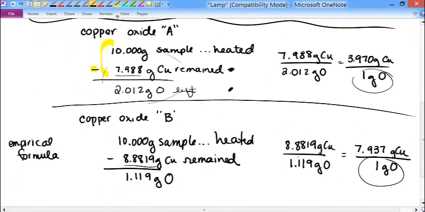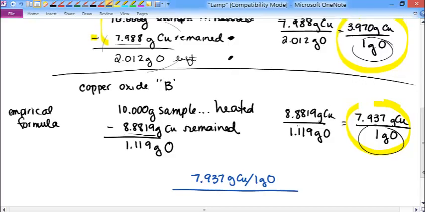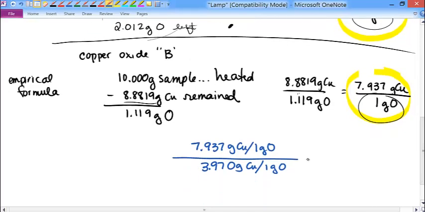So here's an interesting thing. That means that the ratio of this to this is a small whole number. So let's see. If I were to take 7.937 grams of copper for 1 gram of oxygen and try to put it in a ratio, I'm going to put the bigger one on top because I just like bigger numbers instead of fractions, put it over the other one, 3.970 grams of copper per 1 gram of oxygen, I get 2.